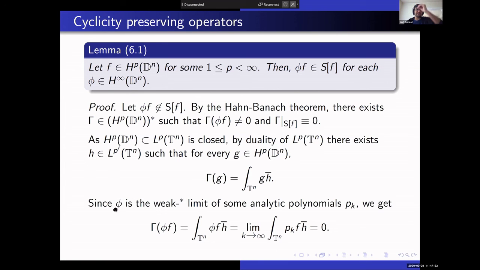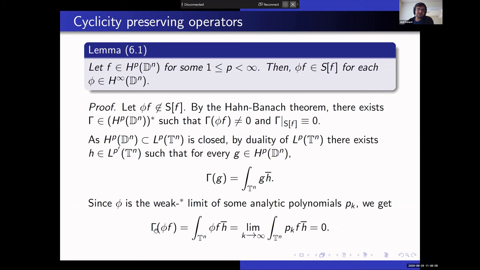And then I'll write phi as the weak star limit of some analytic polynomials pk. You can take Fejér means, for example. I'm skipping through the argument because it's not very important except for the statement.